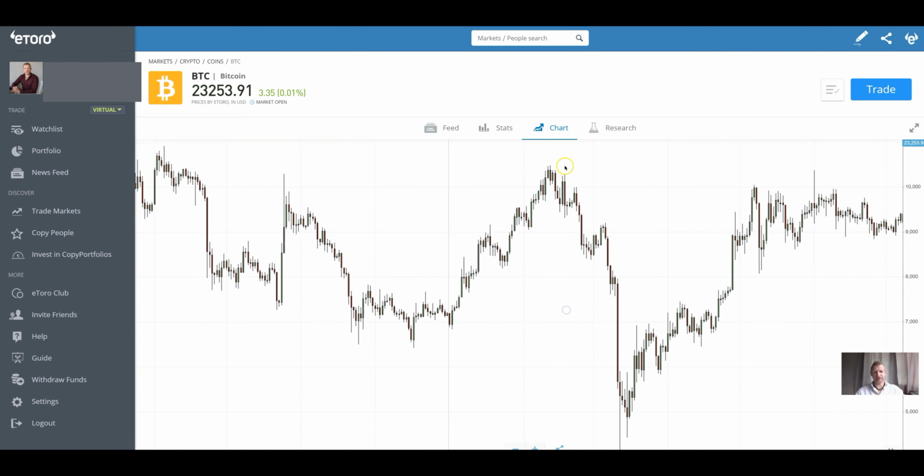Anyway, as you can see here in the Bitcoin, we have this pattern forming. And as you can see, it goes up, down, up, one big head, goes down again to the same level. It's very important. Then it goes up to the same shoulder level.